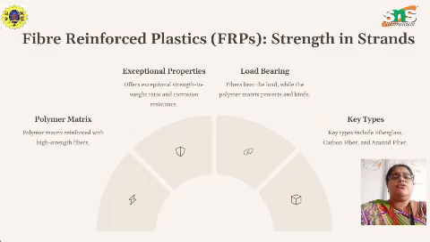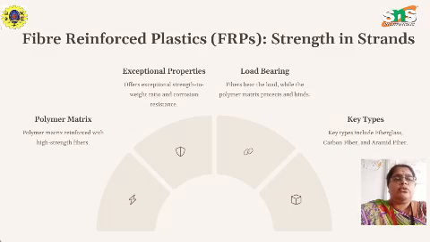Fiber reinforced plastics, or FRPs, have very good strength. The polymer matrix used here is reinforced with high strength fibers. Exceptional properties of FRPs include an exceptional strength to weight ratio and corrosion resistance. Load bearing: fibers bear the load, while the polymer matrix protects and binds them.